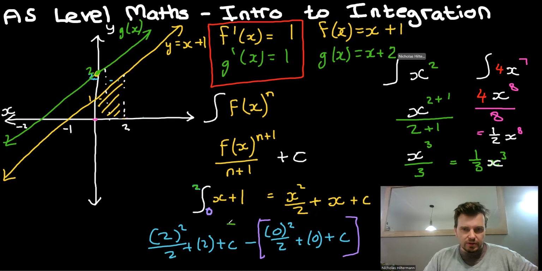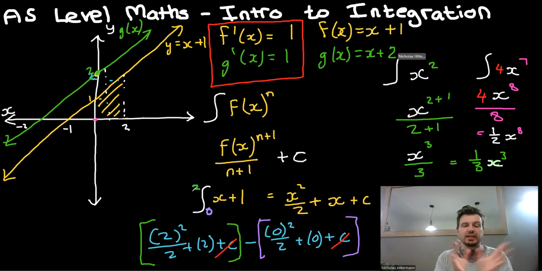Do you notice that when I subtract these from each other, the c's go away? And that's the key to this. Because when the c's go away, I then can get the area. So I don't have to worry because the c's cancel each other out.